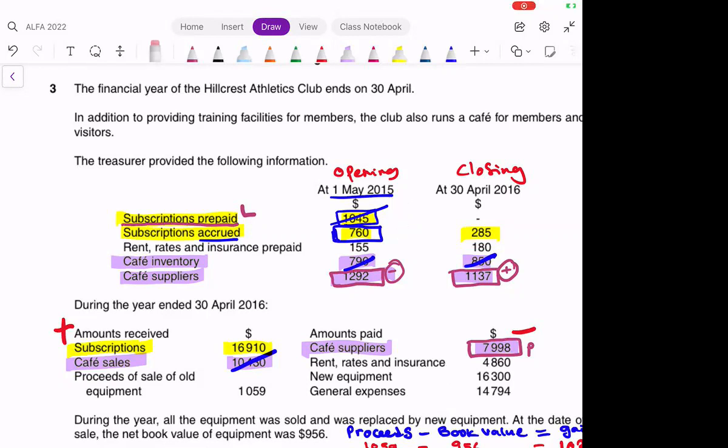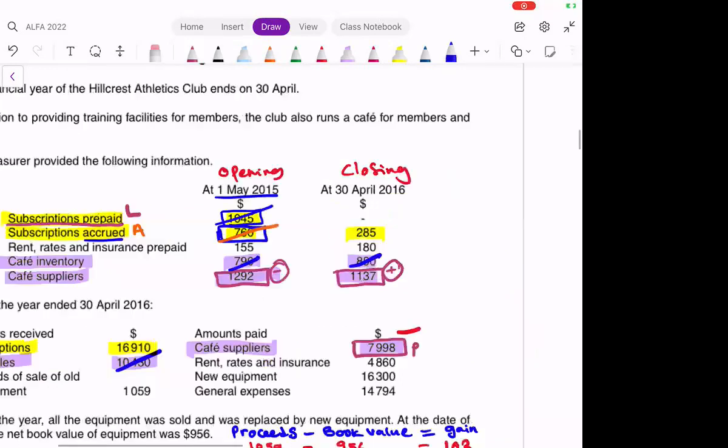If you don't trust me, you can check also. Subscription accrued means I haven't received. The subscription that I haven't received means that guy owes me. If that guy owes me, it is my asset. Asset balance BD will be in debit. Same now. Either you want to think a long way or use the shortcut: one balance credit means another balance will be debit.